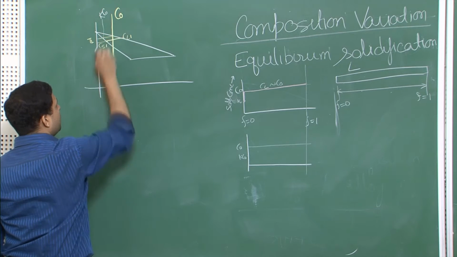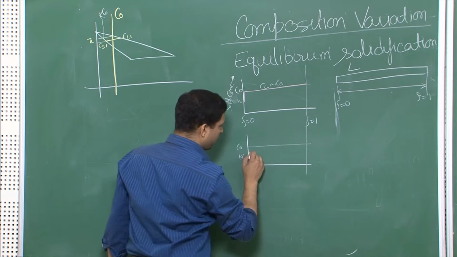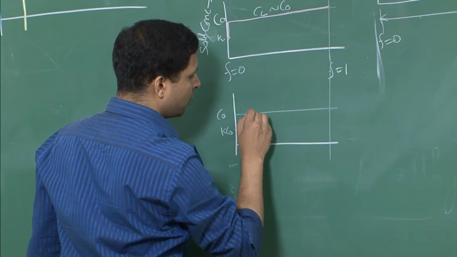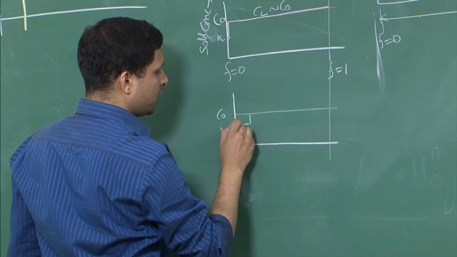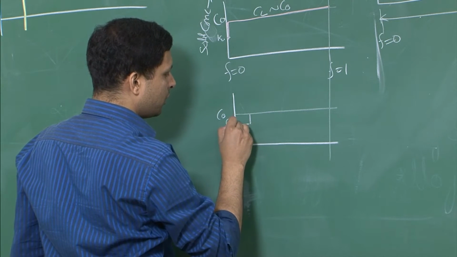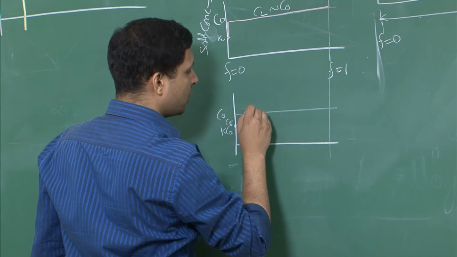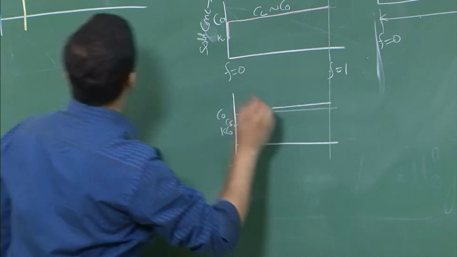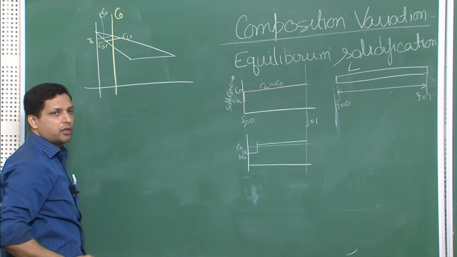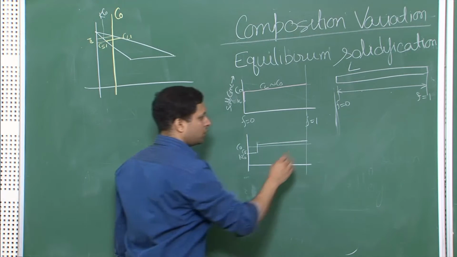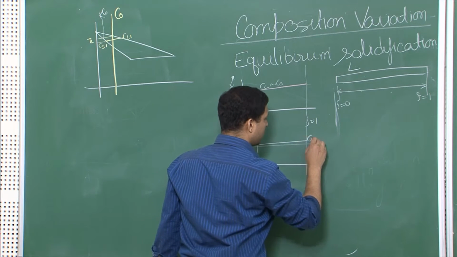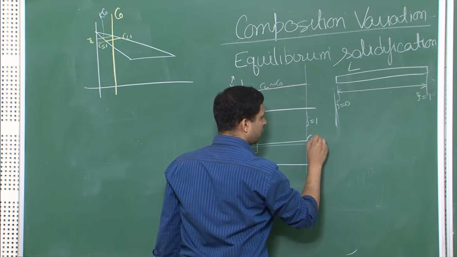So somewhere over here you have the solid concentration, which is CS1, and the liquid composition has also risen, above C naught, it has become Cl1. So this is Cl1, the liquid concentration.